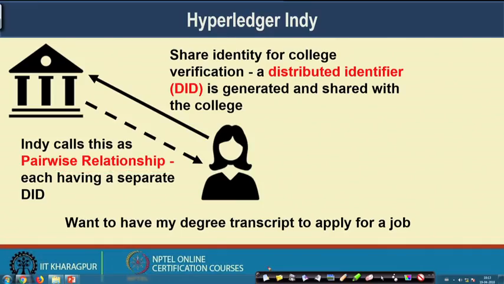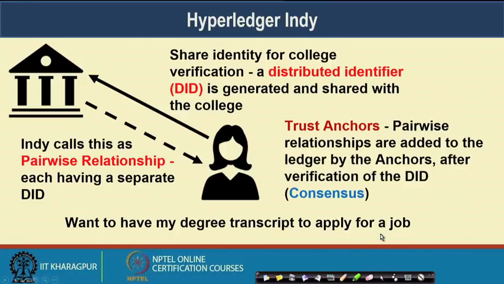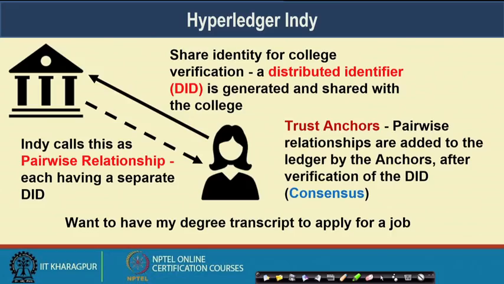So, here comes the point of how you verify that the information that Alice is providing to the college is actually the correct information that is coming from Alice herself. So, in the Indy platform we utilize the concept of trust anchors.